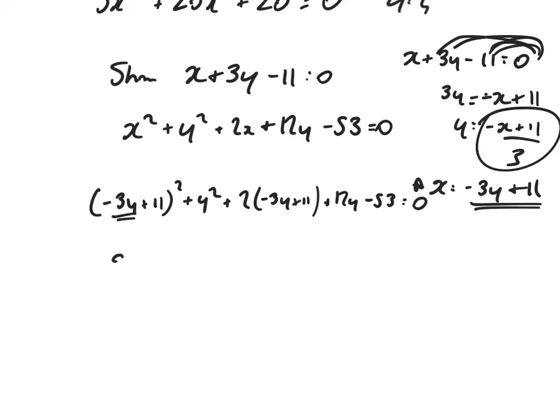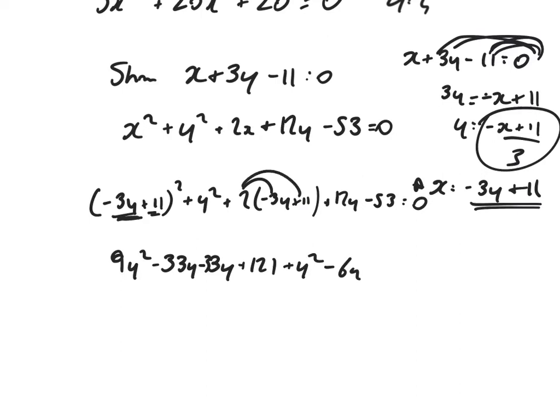Okay, so minus 3y all squared is 9y squared, minus 3y times 11 will give me minus 33y, followed by another minus 33y. 11 squared is 121, plus y squared minus 6y, plus 22, plus 12y minus 53 is equal to 0.